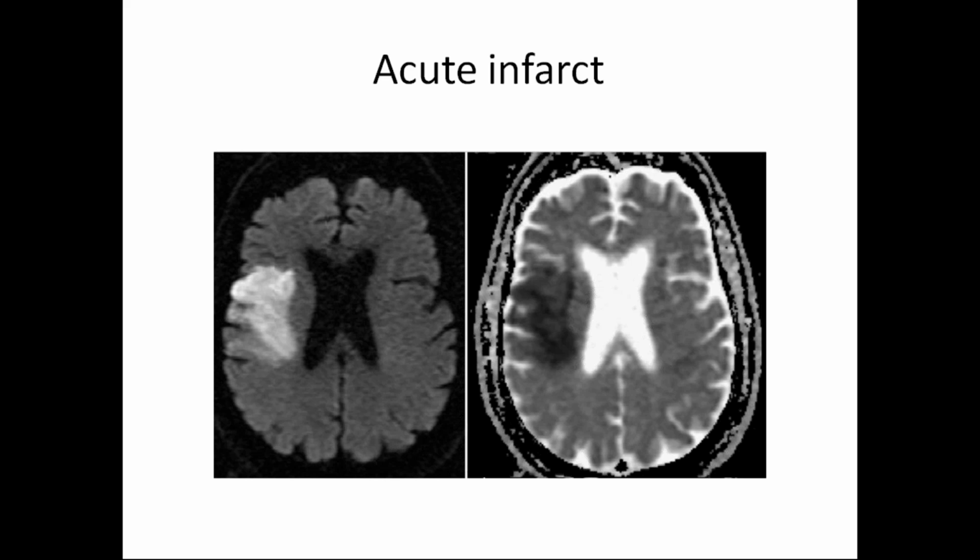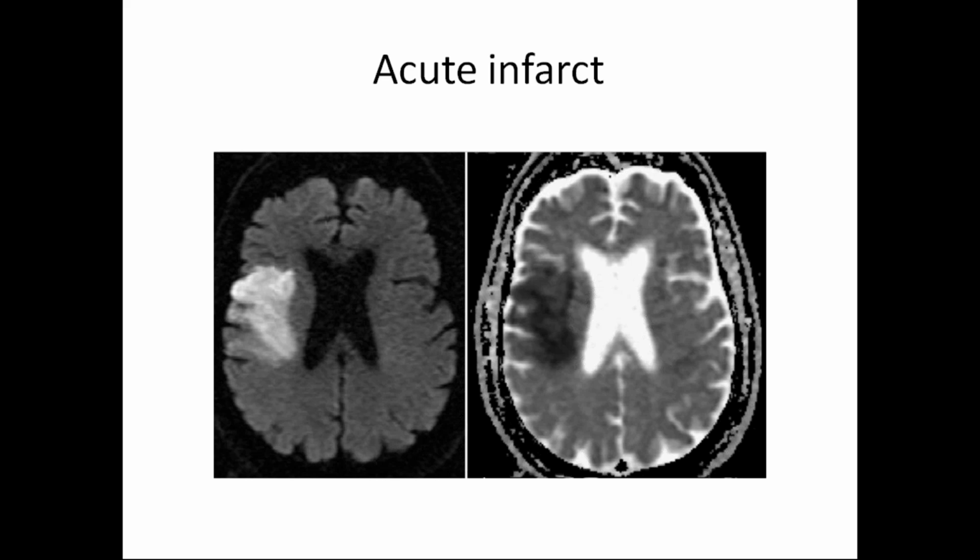And in an ischemic stroke, we'll image the patient using either a CT scan or an MRI, depending on the compliance of the patient, or depending on the evaluation by the clinician. They will either advise a CT or an MRI.